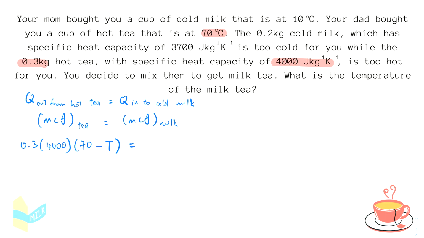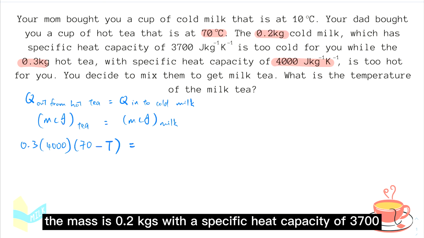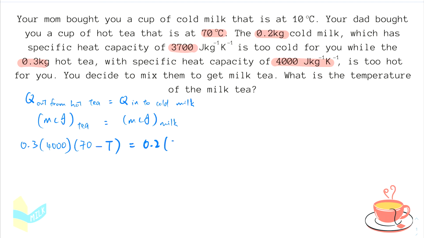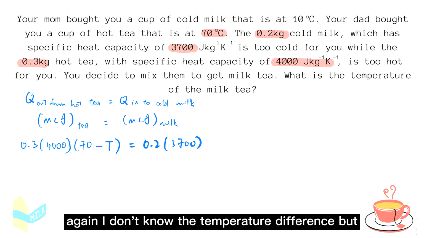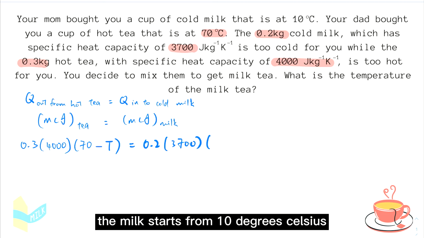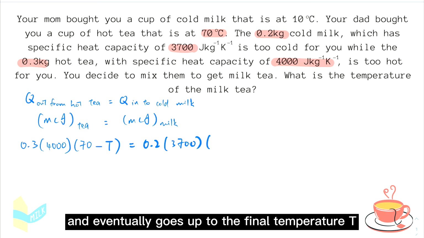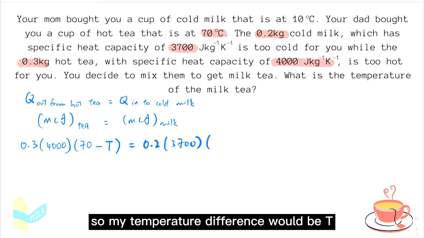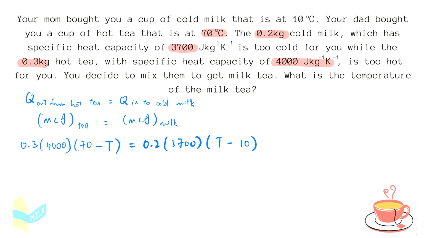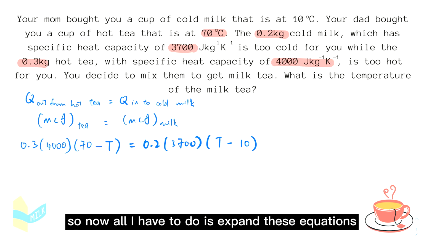For the milk, the mass is 0.2 kgs with a specific heat capacity of 3,700. Again, I don't know the temperature difference, but at least I know the milk starts from 10 degrees Celsius and eventually goes up to the final temperature, T. So my temperature difference would be T minus 10 degrees Celsius. So now, all I have to do is expand these equations.